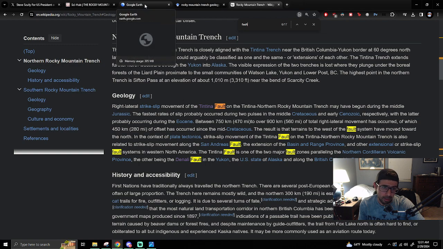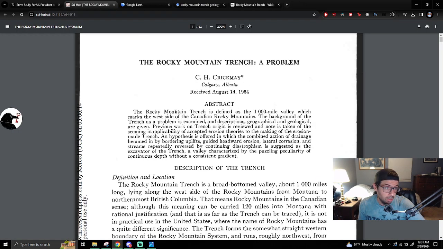But the evidence clearly shows that's not the case. We'll see why in a minute. Okay, so several minutes as we go through this paper.